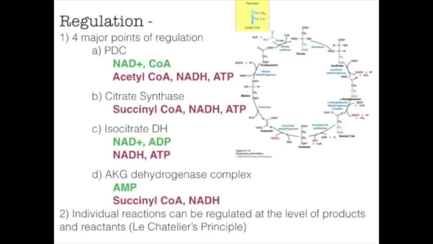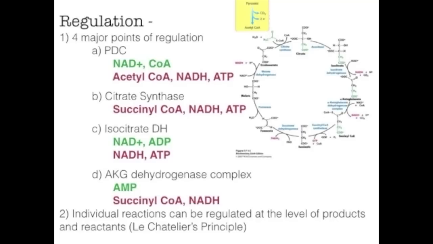The 4 major points of regulation of the TCA cycle are shown here. These are the pyruvate dehydrogenase complex, citrate synthase, isocitrate dehydrogenase, and the alpha-ketoglutarate dehydrogenase complex. The pyruvate dehydrogenase complex is upregulated by high levels of its substrates, NAD+ and coenzyme A. It is downregulated by high concentrations of its products, acetyl-CoA, NADH, and ATP.